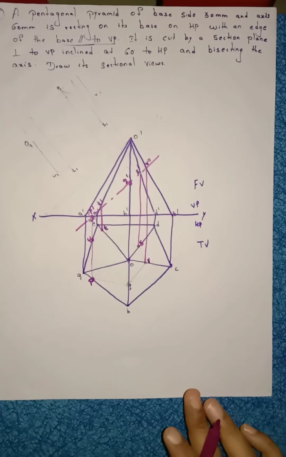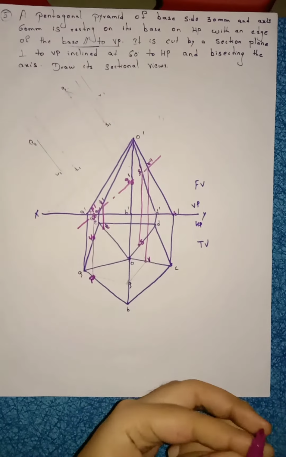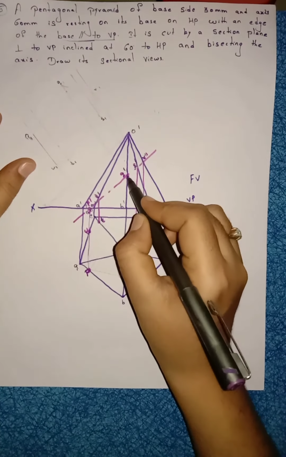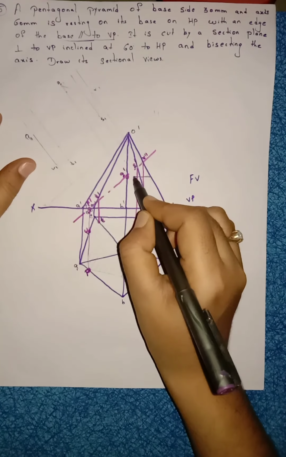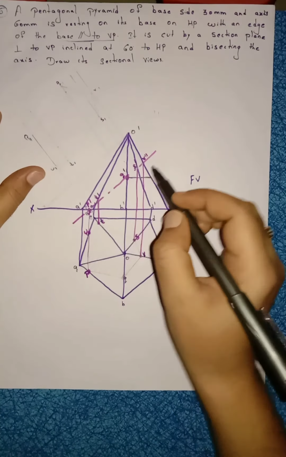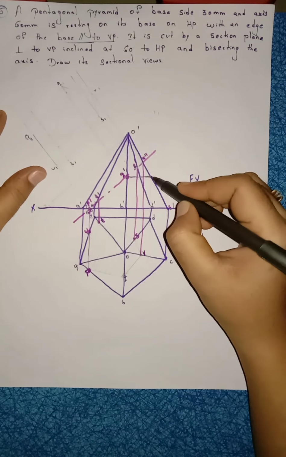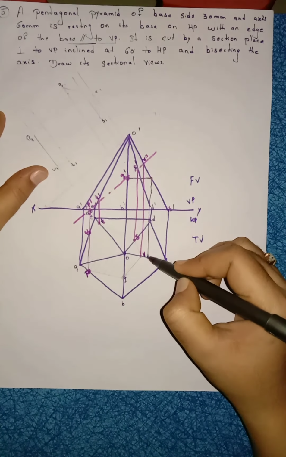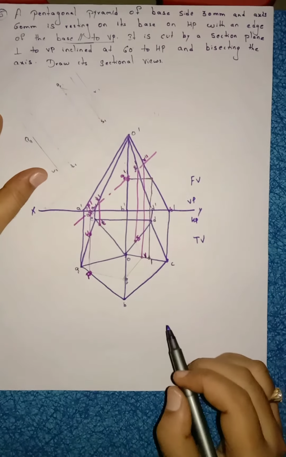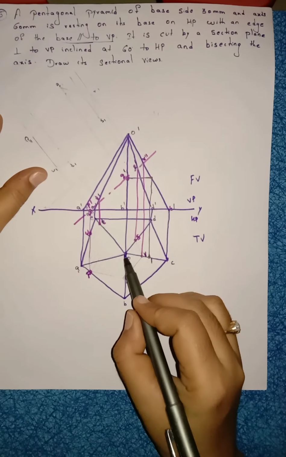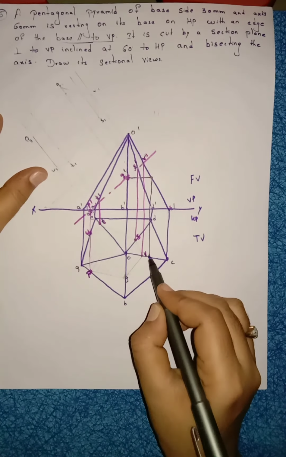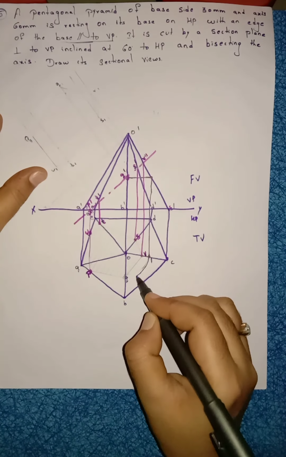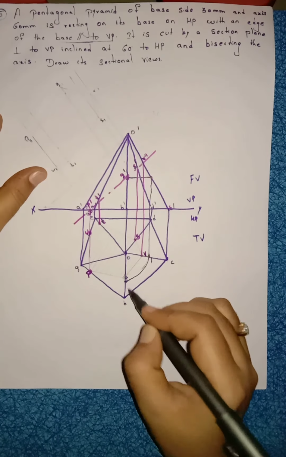So, how to mark Q point now? Whatever is the point here, from that point, draw the horizontal line. Now, from this point, draw the vertical line, a straight line, till this OC line, name it as 1. Now, keep your compass here with O as center, O1 as radius. Draw the point.